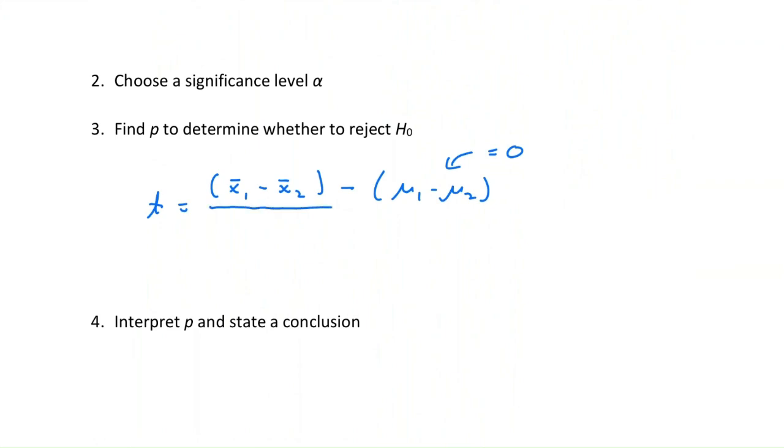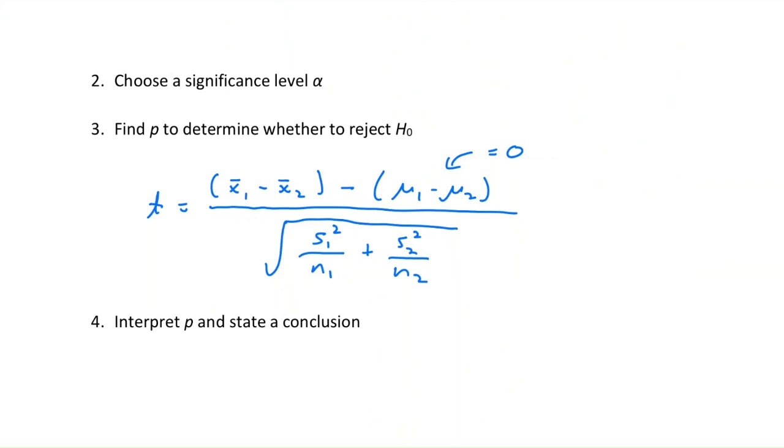And then we're going to take the difference of those differences and divide it by the square root of the standard deviation of the first sample squared divided by n1 plus the standard deviation of the second sample squared divided by n2.